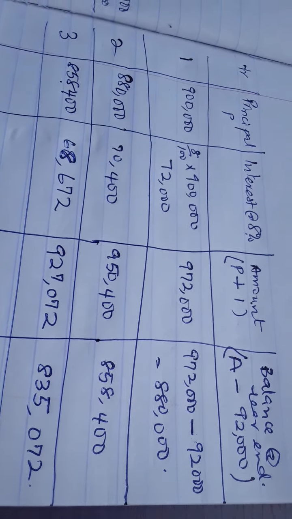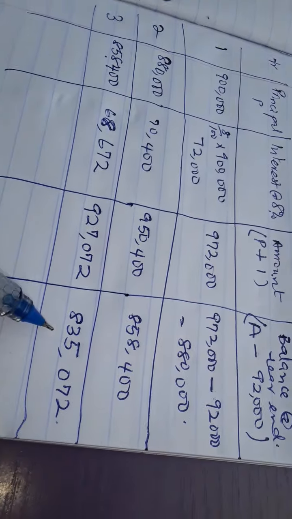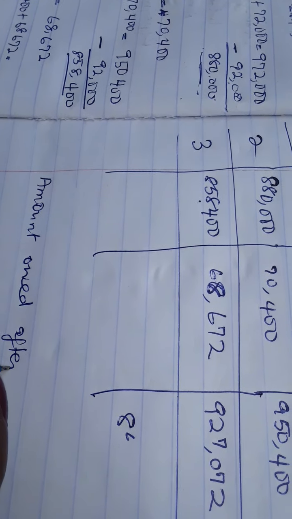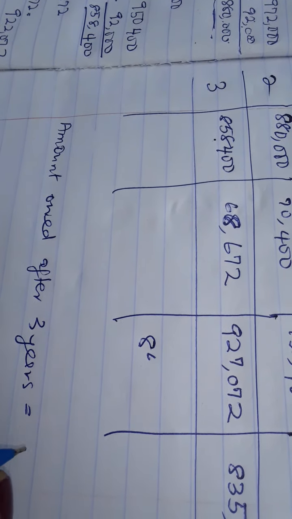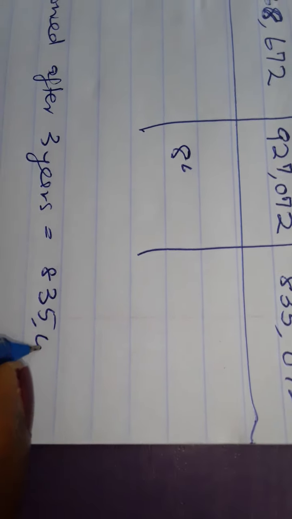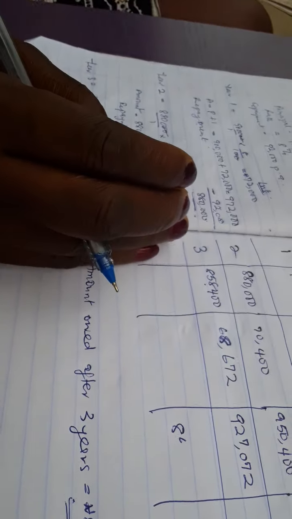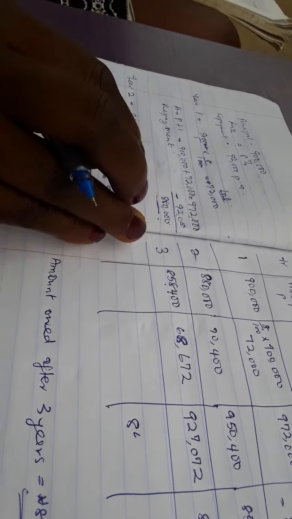So at the end of year 3, to answer the question, the amount owed after 3 years would be 835,072 naira. If you were asked to compute for 5 years, you just keep on going until you have the balance at the end of 5 years.